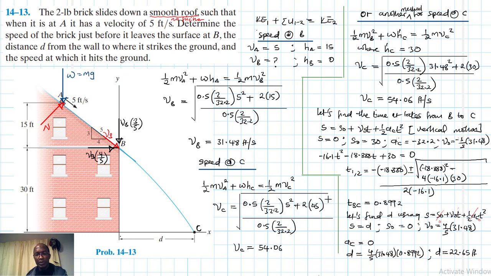Alright, so I hope this particular video was helpful. Let's just outline the final solution. So we have VB there. We found VB. Let me just draw this here. We have our VC there like so, and then we have our VB like so. And then we found VC, which is this one here.